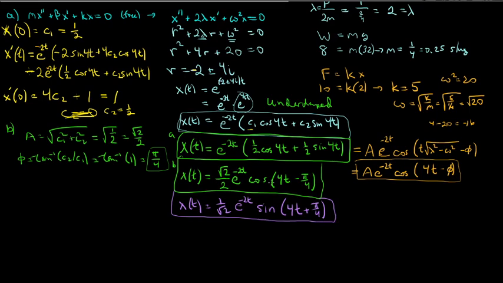So you notice that you get a different phi here. Well, no, I think it's the same phi in both, but in this form it's a plus instead of a minus. So you're off by pi over 2 here. Like I say, either way is correct. And you should convince yourself that this is the same as this, right?